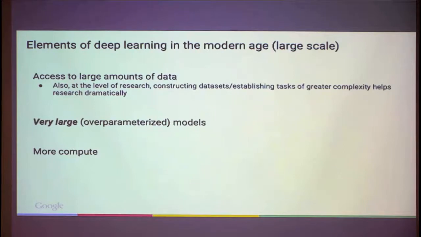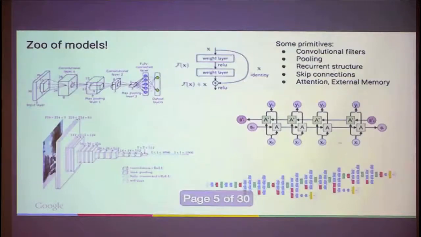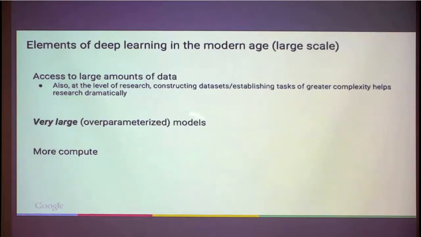Can I ask, the more compute, does it mean like more layers, computational layers? So that's the more in the size of the models. So part of that is the depth, for sure. Part of that is also just the width. The depth is kind of like sequential processing. You might also want to increase parallel processing.